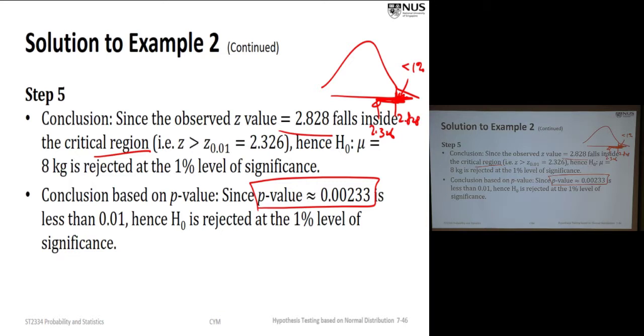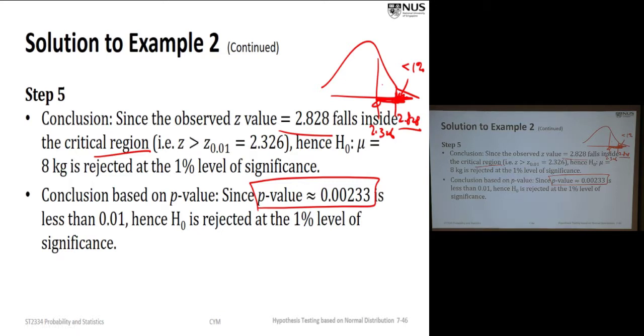Let me repeat. I know this is the point. Bigger than it, that means this area is 1%, right? And your value, 2.828, is on the right-hand side. So what can you say about this probability relative to 1%? Much smaller, right?